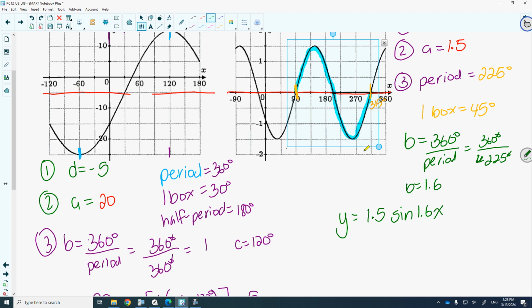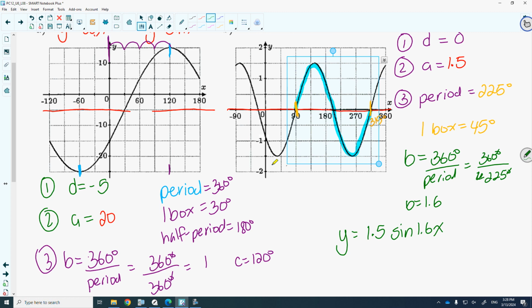Okay, the phase shift is always measured from your y-axis. If it's a sine graph, you count from the y-axis on the midline. Now, I would want to go to the right because remember sine always goes into the rise. So the original sine graph before phase shift would have been here, and then it went 2 boxes to the right.